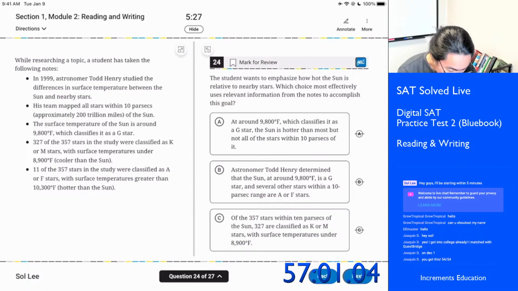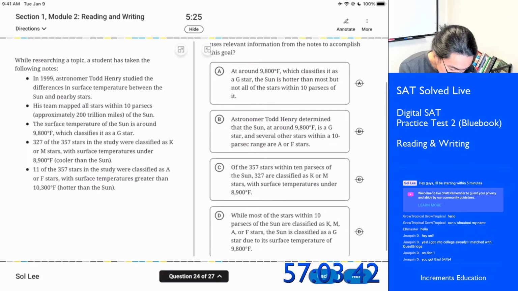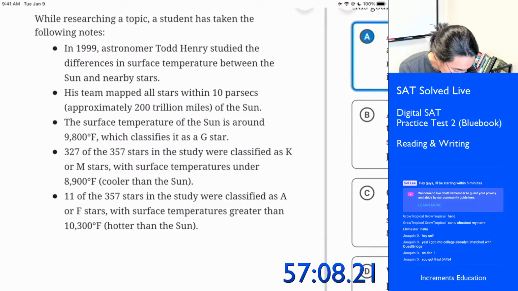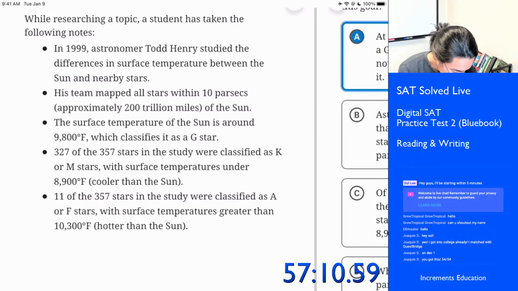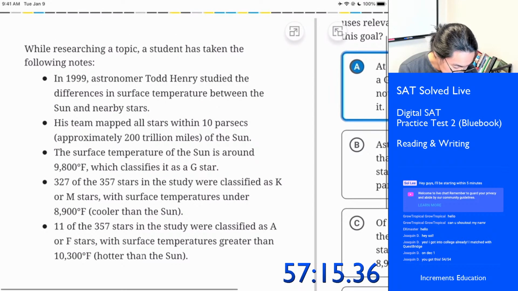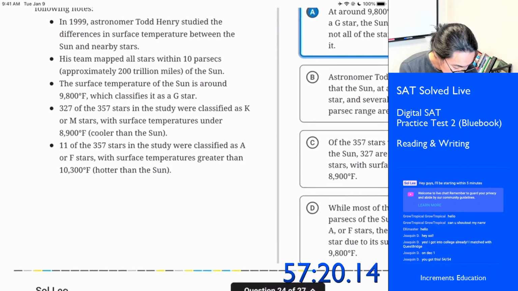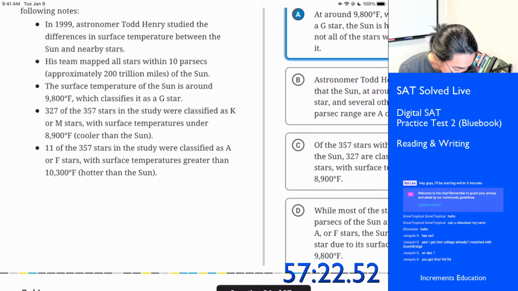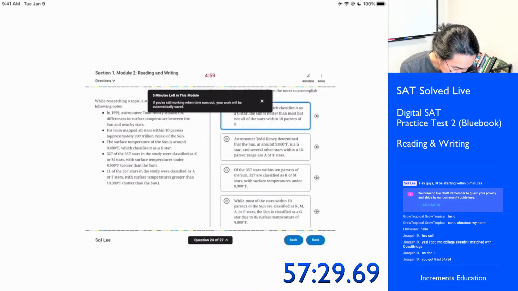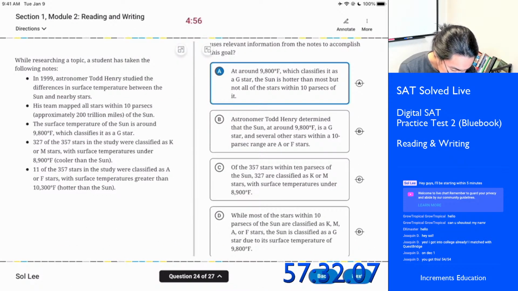Sun is relative. How hot it is relative to nearby stars. I'll just double check. Hotter than most, but not all within 10 parsecs. Okay, let's just read this. Study the difference in the surface temperature of the sun and nearby stars. All stars within 10 parsecs. 98 K cooler and 11 were hotter. 11 were hotter as a G star.